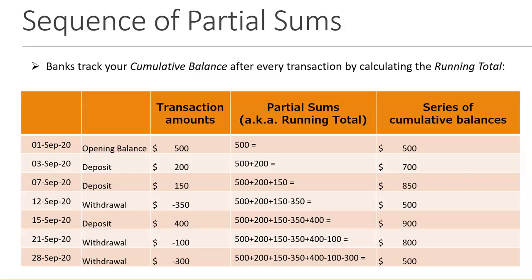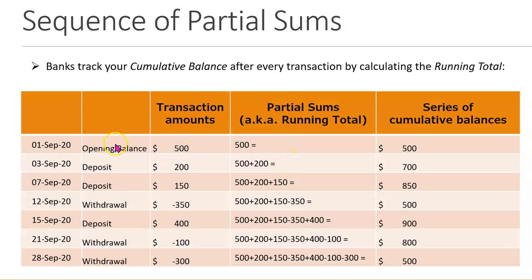So let's look more closely at what this means. The transaction amounts are just positive or negative numbers, depending on whether you are depositing or withdrawing money. Now, the balance that the bank computes is simply the algebraic sum of all your preceding transactions.